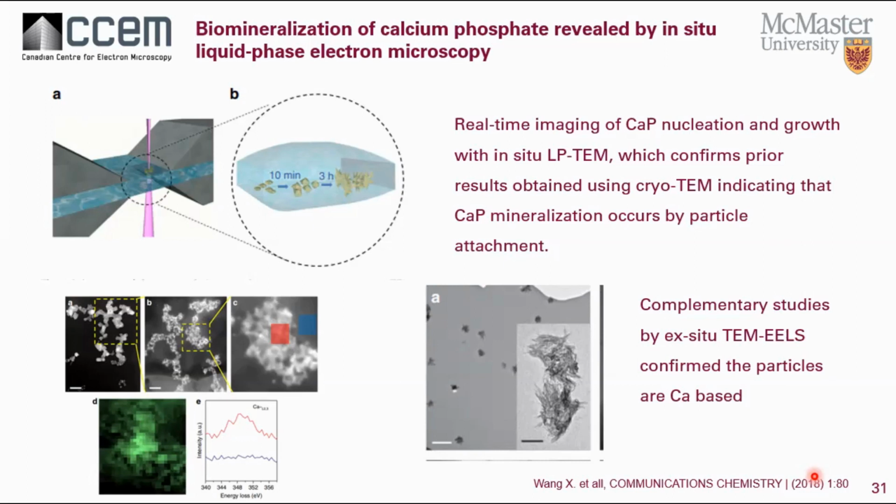In this study, we did real-time imaging of calcium phosphate nucleation and growth in the in situ TEM, which confirms prior results obtained by cryomicroscopy and TEM, indicating that calcium phosphate mineralization occurs by particle attachment. We also performed yields to confirm the presence of calcium.